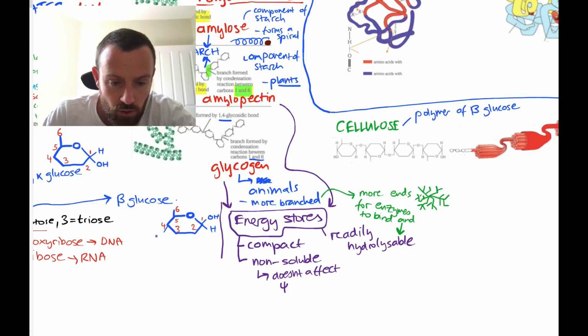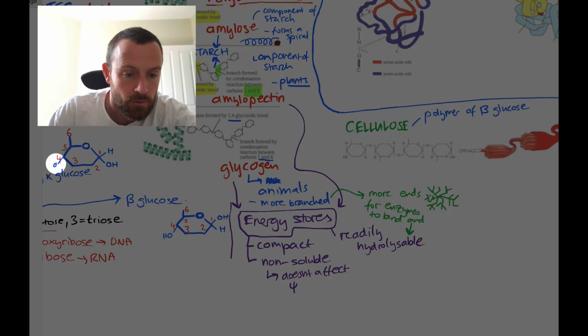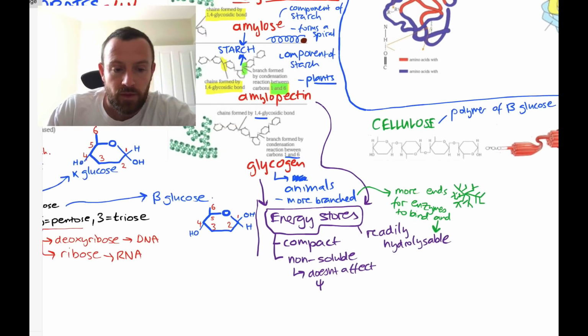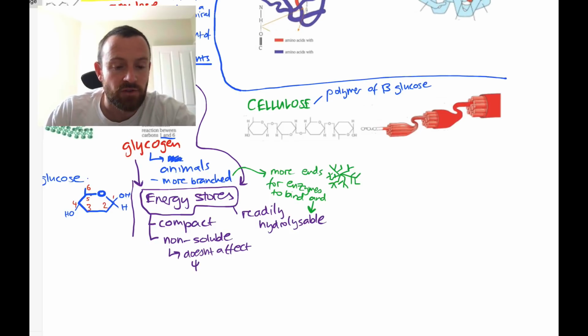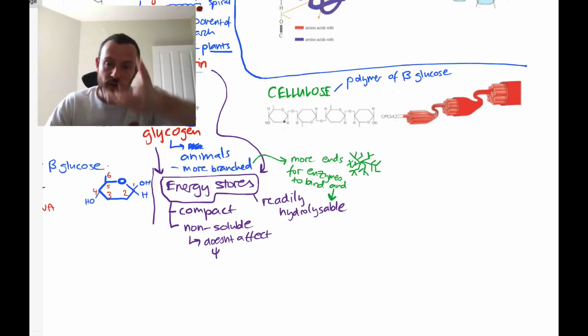So this one over here always faces down in alpha or beta. This means that every time you add a beta glucose to the chain, you need to flip it 180 degrees.